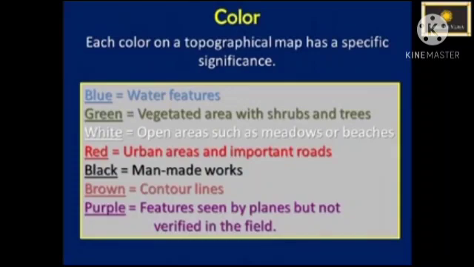Green to show forested and wooded areas, trees and scrubs. Black to show all names, boundaries, railways, telephone and telegraph lines, surveyed trees and height. It is also used to show river banks and water bodies that have dried up.